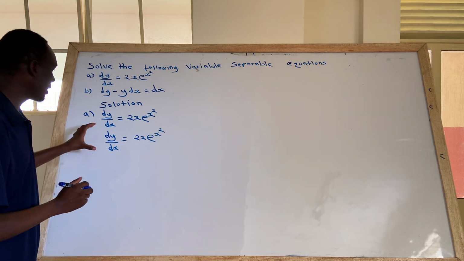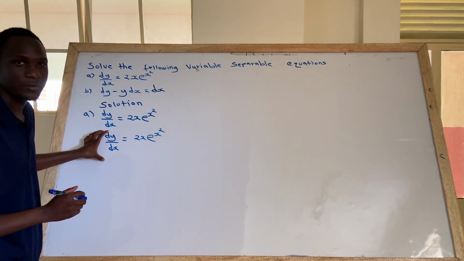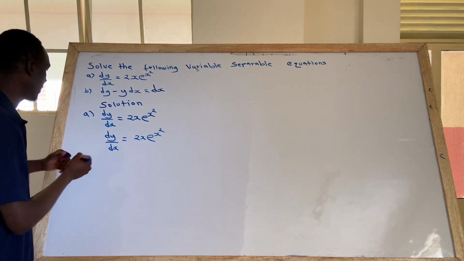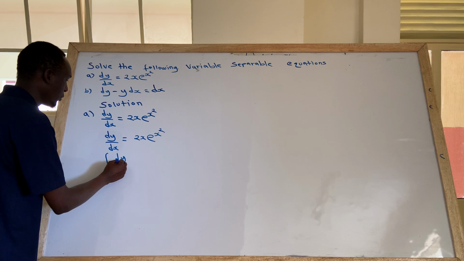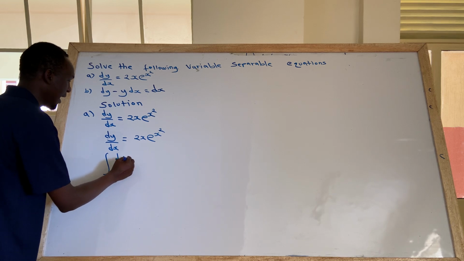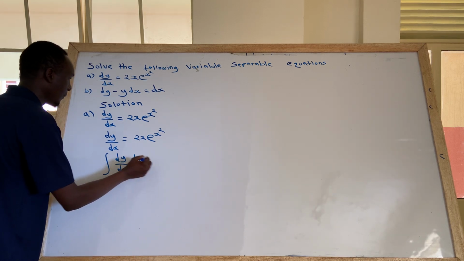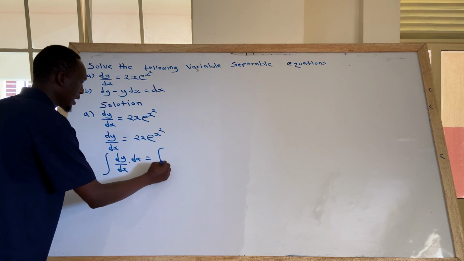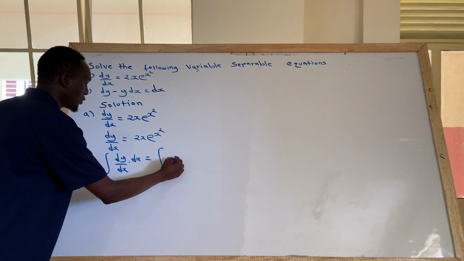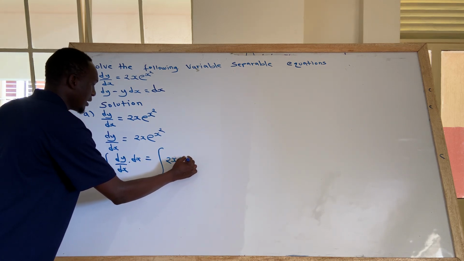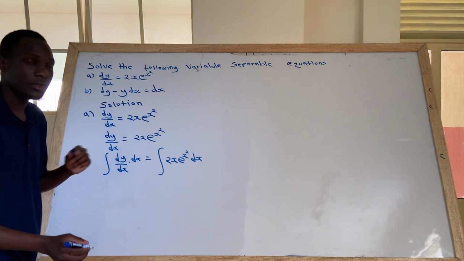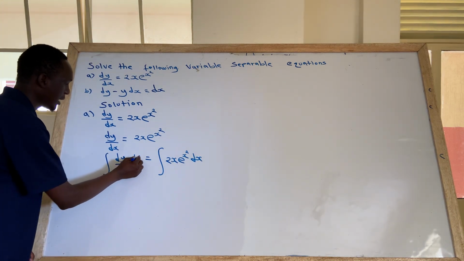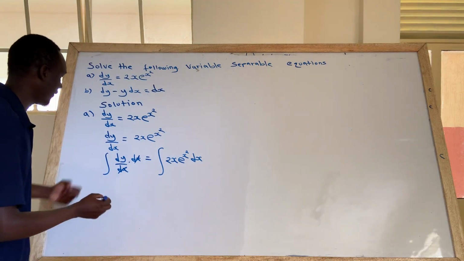Then we integrate both sides with respect to x. So we'll have the integral of dy/dx dx is equal to the integral of 2x e raised to x squared dx. We notice that dx and dx simplify.